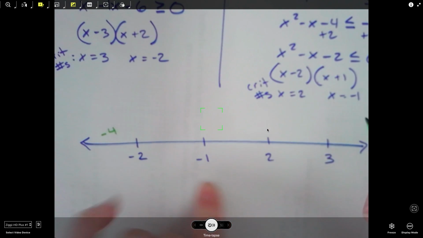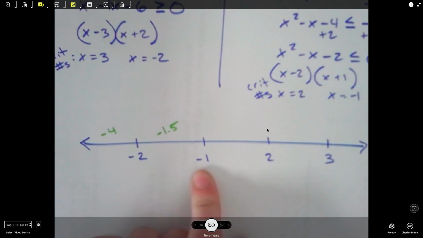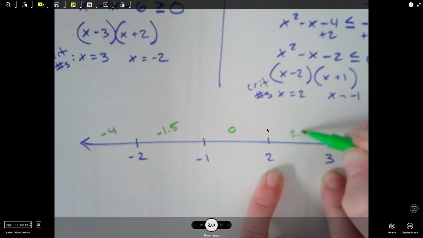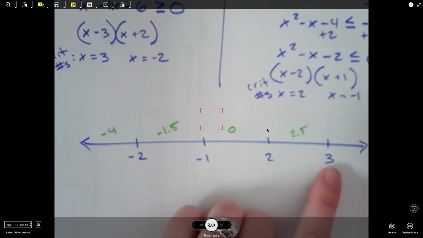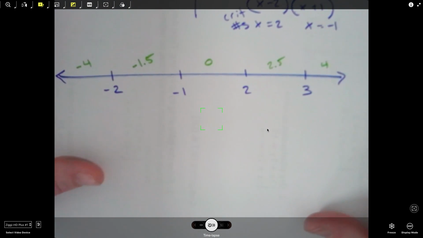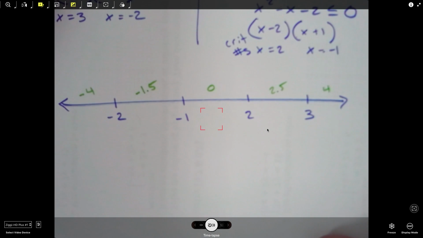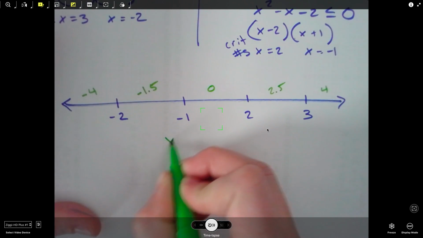A number between negative 2 and negative 1: negative 1.5 is all we've got. Between negative 1 and 2: 0. Always 0 if you can. Between 2 and 3: 2.5. Between 3 and infinity: 4. Okay, we've got all these points to test. All right, I'm going to write this up here. This is my original equation.